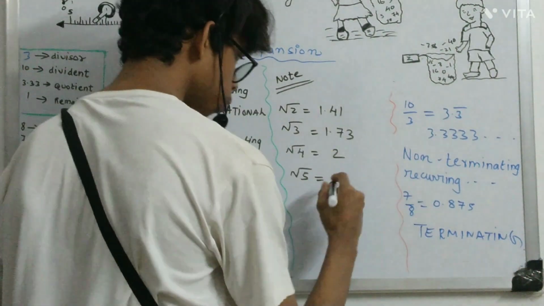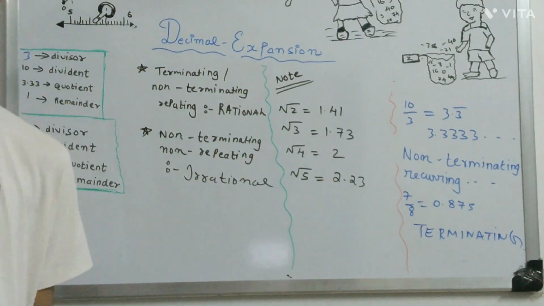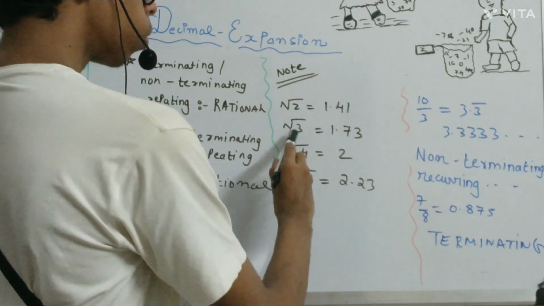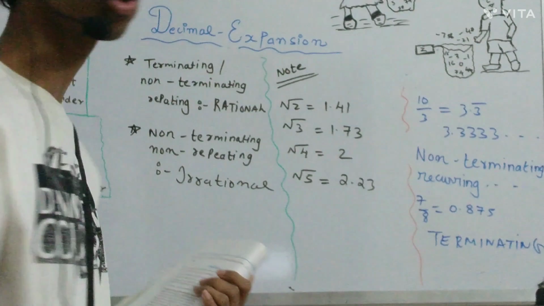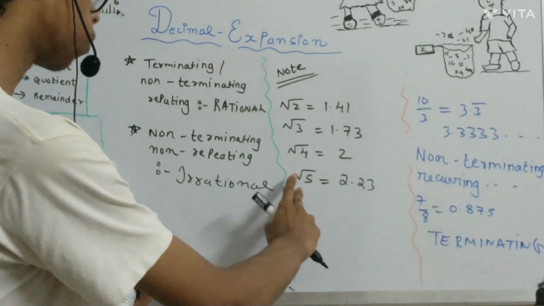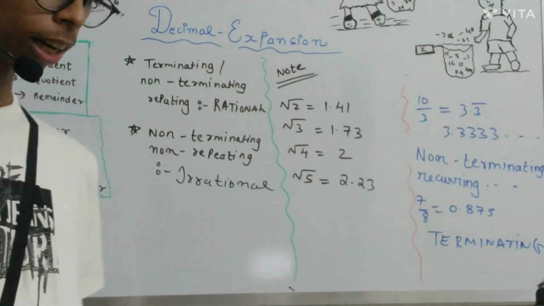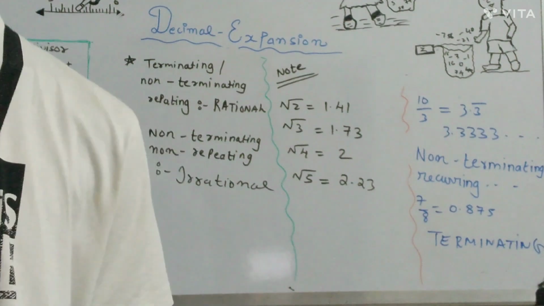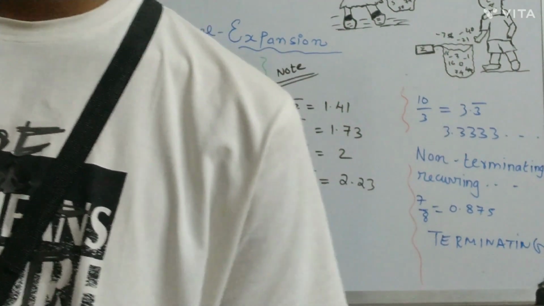The exact value of it is 2.23. So root 2 is 1.41, root 3 is 1.73, root 4 is 2, and root 5 is 2.23. It will be nice if you remember the values till root 5, because it may be useful for you in your higher classes. Okay, now we will move on to our exercise number 1.2.